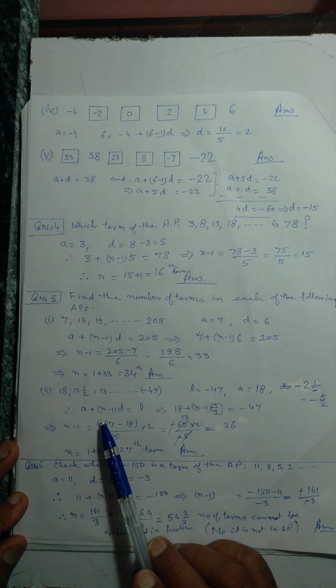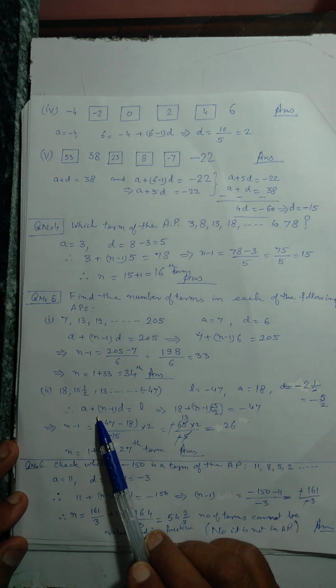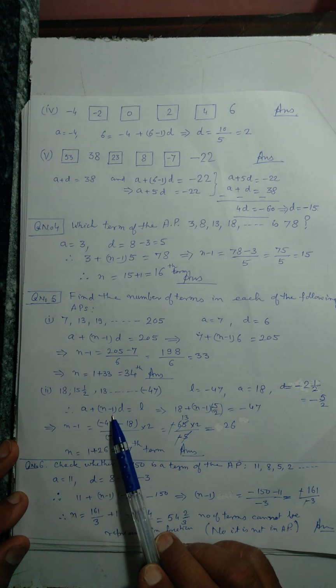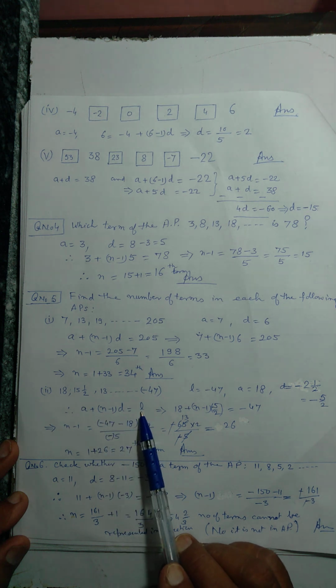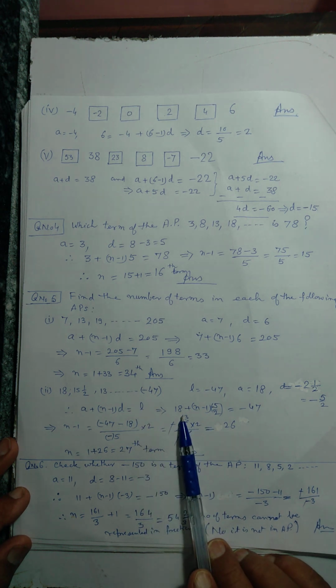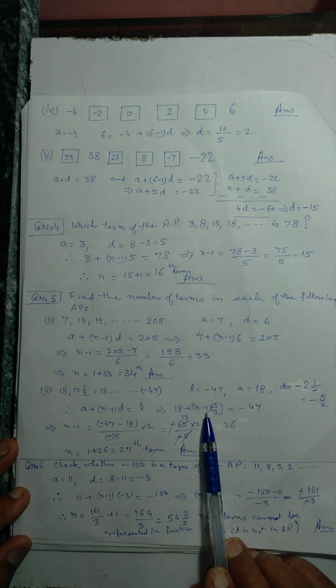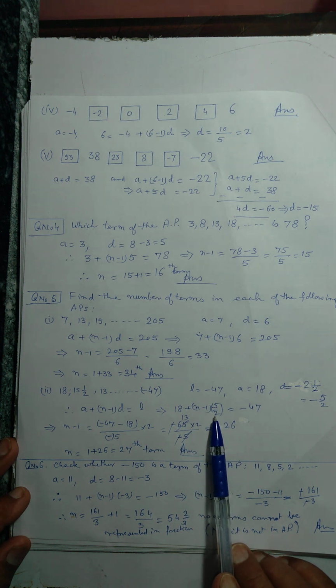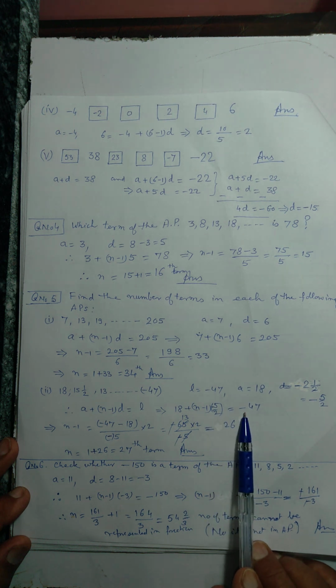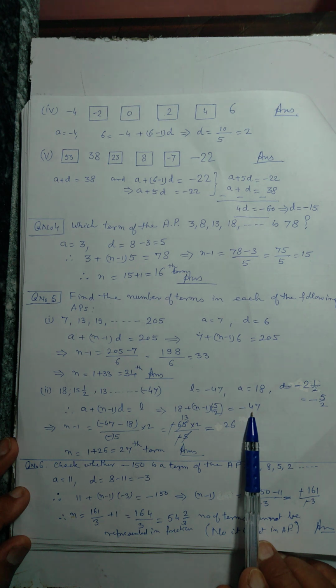So to find the last term, A plus (n minus 1) into D is equal to L. L means the last term, which is given to you already. So 18 plus (n minus 1) into minus 5 by 2, this will be equal to minus 47.